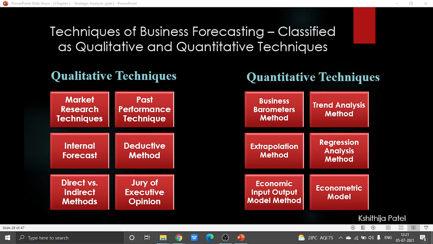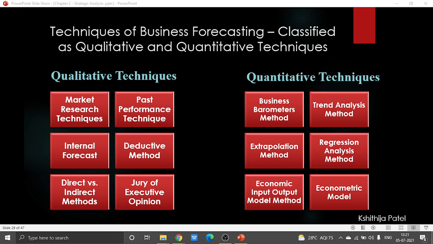The data required for such analysis is easily available. This particular technique is used in business units.